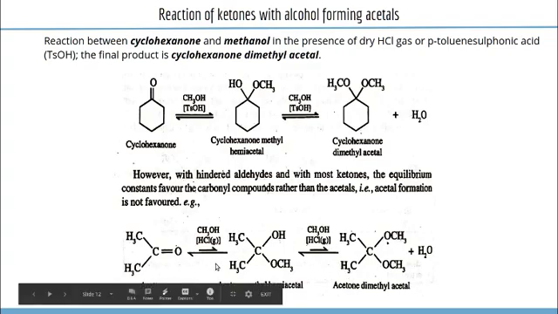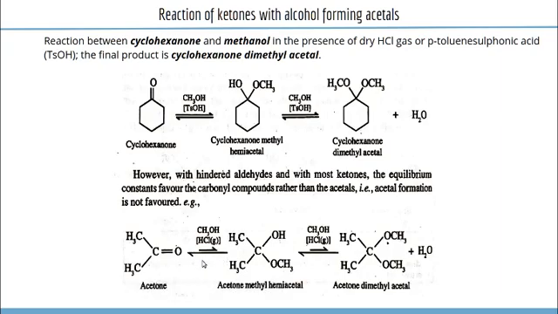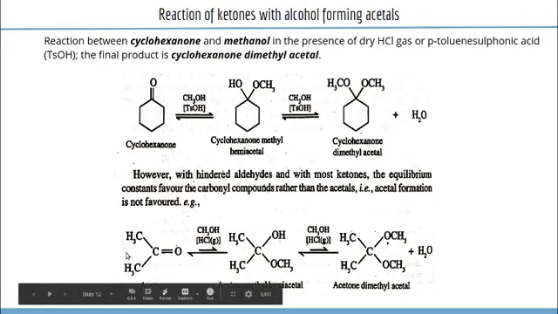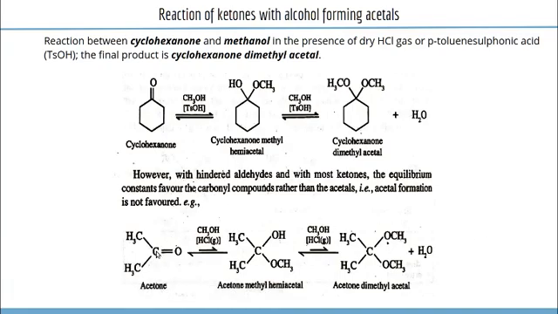Here you can see the equilibrium favors the backward reaction. In this case also the equilibrium favors the backward reaction. That means the possibility of formation of acetal is very less using highly substituted ketone. Here we are discussing the addition of alcohols with ketones.